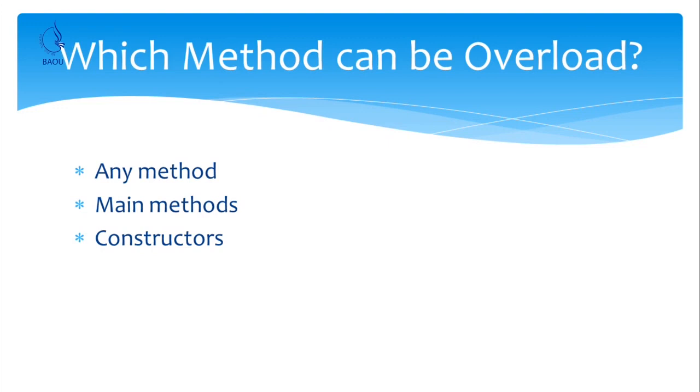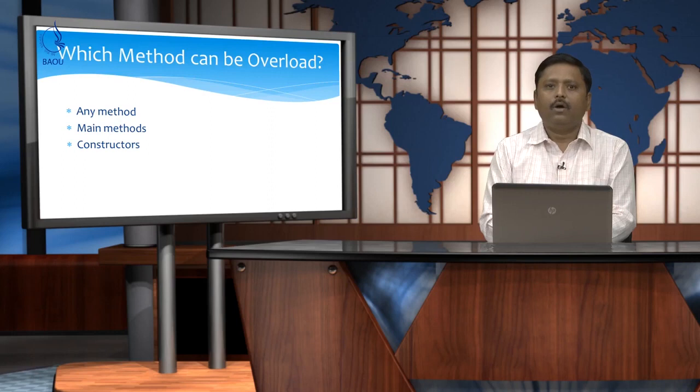Now, we have different types of methods available in Java. So, which methods can be overloaded? As mentioned earlier, if a method has different parameters or types, then we can overload any method. Now, we consider two special types of method. One is the constructor. In the previous lecture, we discussed that we can overload a constructor to initialize data of a class, so you can define multiple constructors in a class.